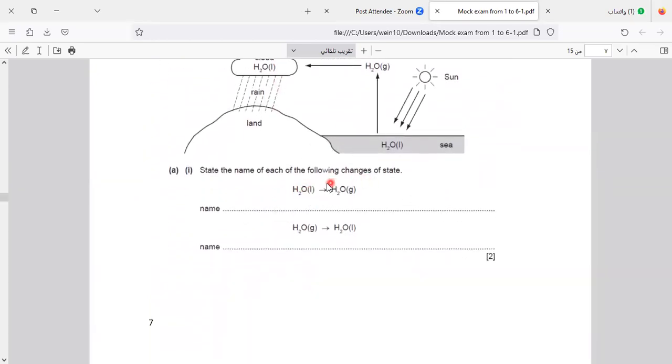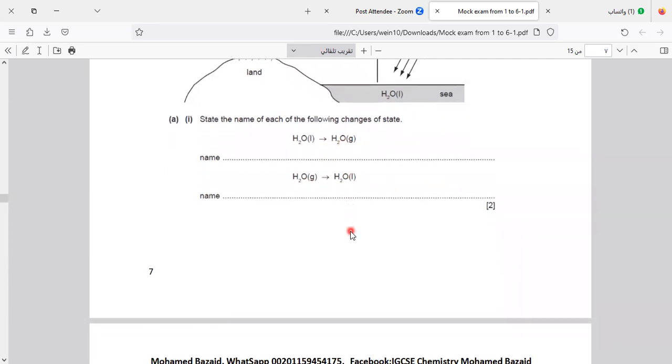H2O from liquid to gas: evaporation or boiling, that's okay. But here, as you see, this is evaporation, not boiling. So I prefer to write evaporation. If you write boiling, that's okay. G to L, gas to liquid, is the condensation process, condensation.